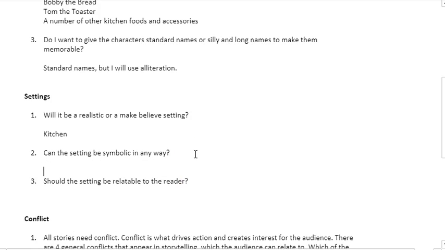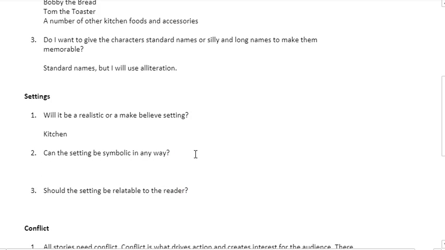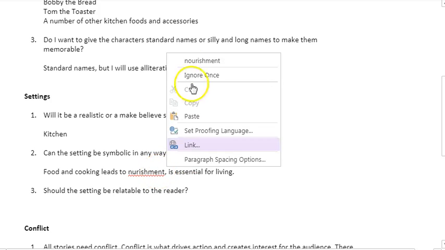Now, is a kitchen symbolic in any way? Well, it's a place that we cook. It's a place of nourishment. So food and cooking leads to nourishment, which again is essential for living. The kitchen also seems to be the place where sometimes decisions are made.